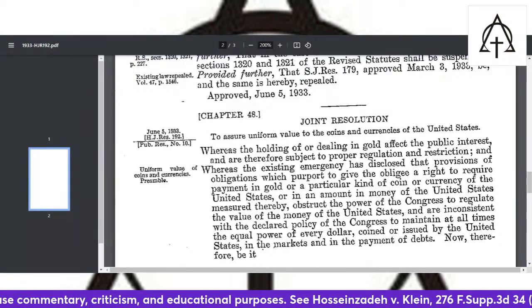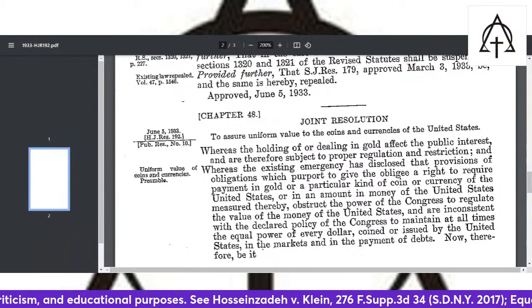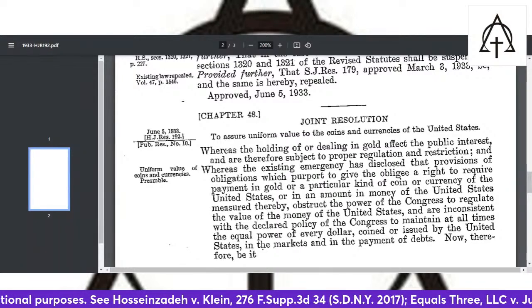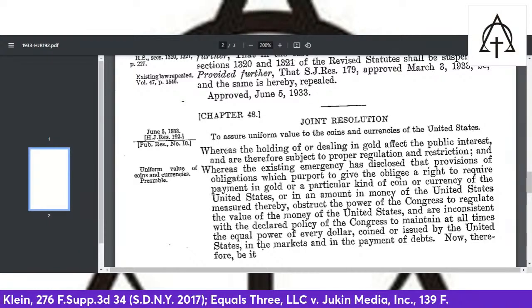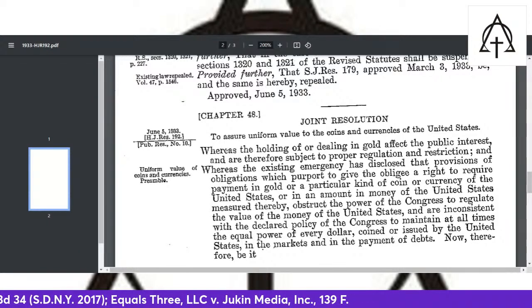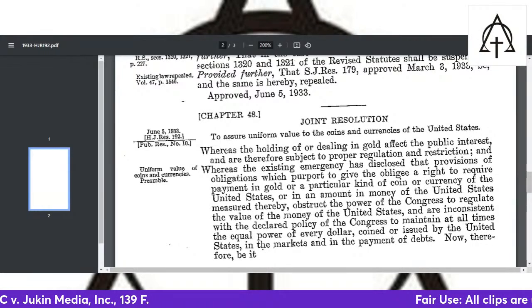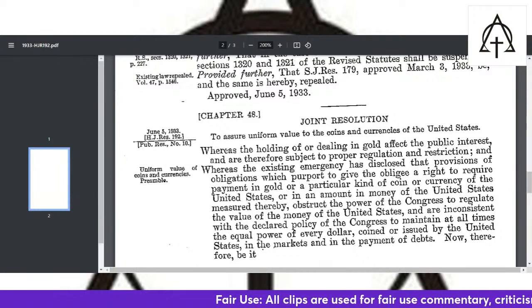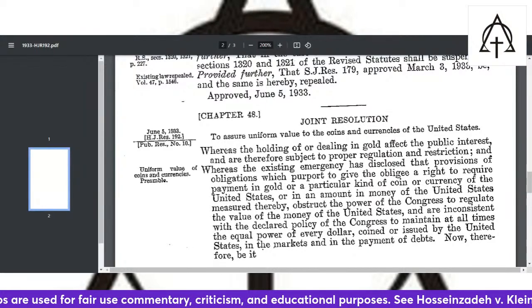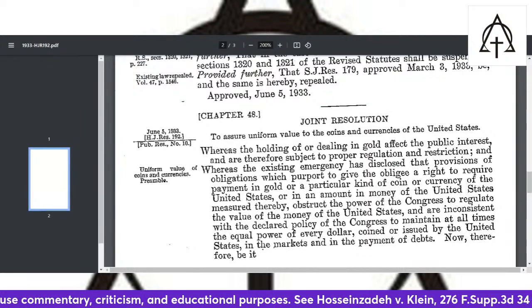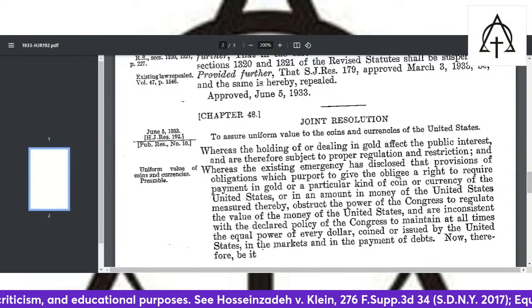So we still hold that right to demand payment in whatever form we want. But we have to be able to do that through our negotiations. So if we want payment in gold, we have to set out the standards of that payment. How much gold are we requiring, what the weight measure is, all that kind of stuff. This here is in relation to currency of the United States. We can't tell them that if they owe us a debt, which is that obligee owes a debt, or the obligation is owed to the obligee.